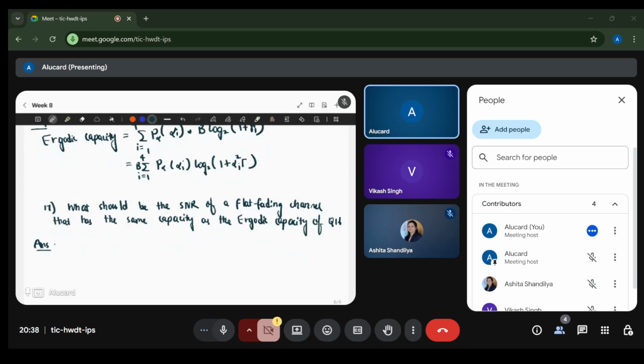If you have flat fading, that means your alpha is just one. So your SNR is a constant value.